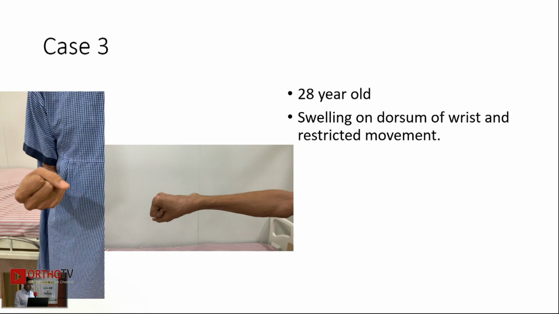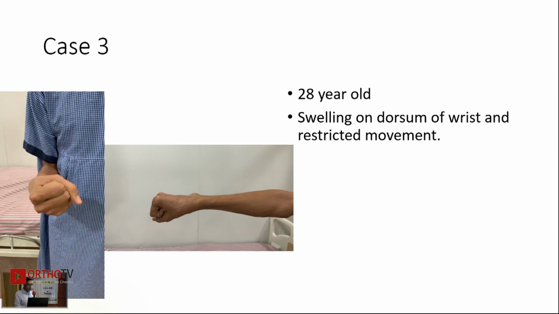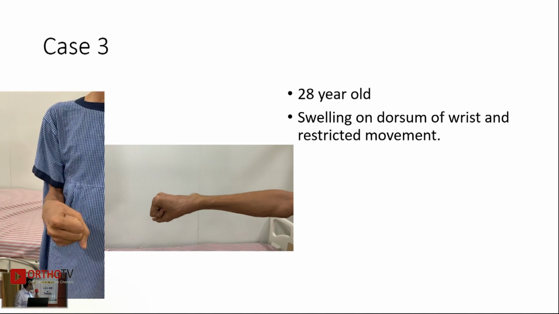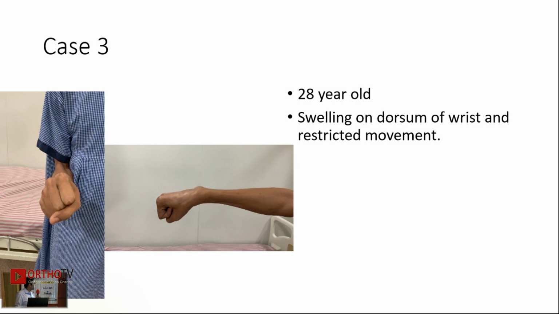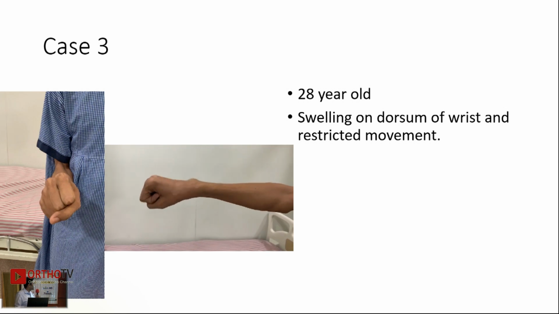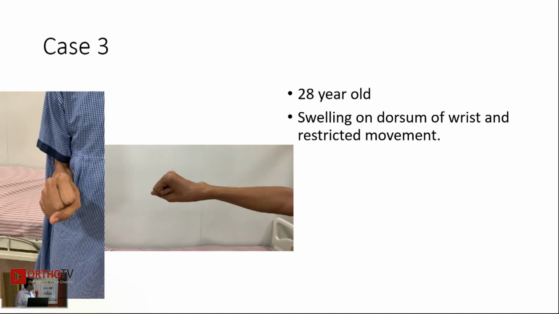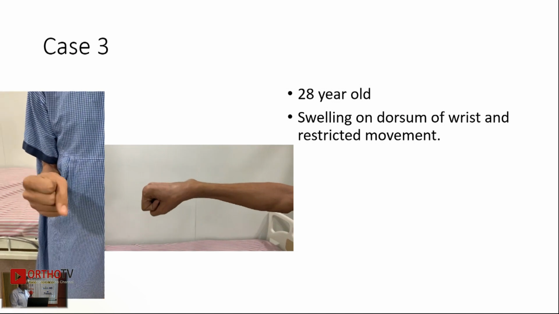Another case, in which we have done an open synovectomy. This is a patient who has swelling over the dorsum. You have seen this in the radiology lecture that Parag took, with restricted movement and a swelling on the dorsum.